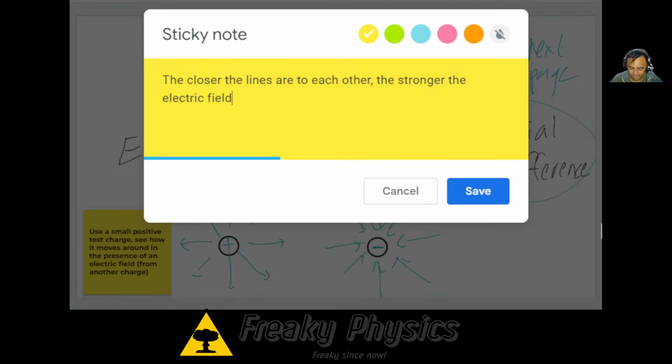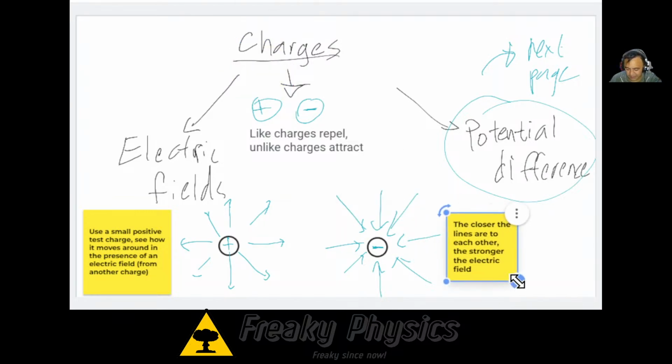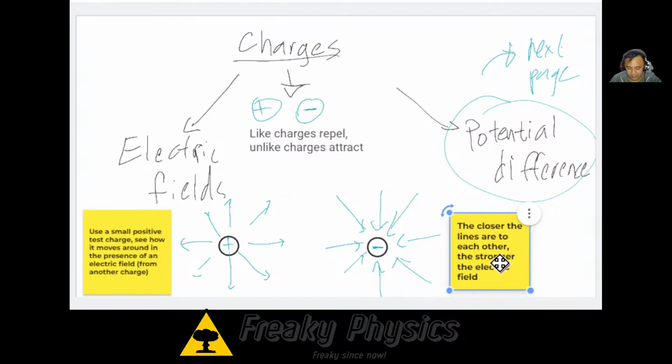One quick question. EMF stands for electromagnetic field? No, EMF actually stands for electromotive force, but it's just voltage. So in this case, the symbol for charges would be Q. For electric fields, the symbol would be E. Potential difference, the symbol would be V. We'll get there on the next page.